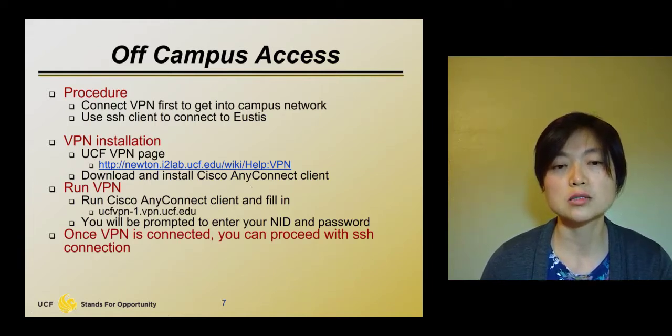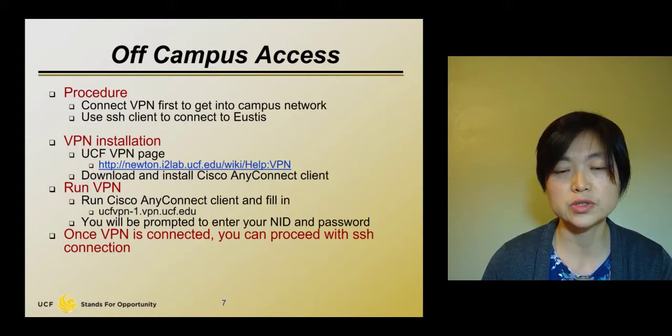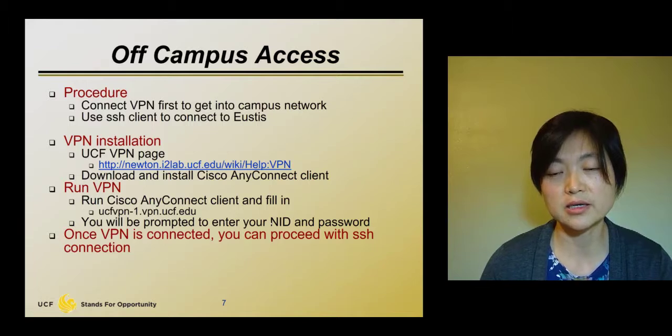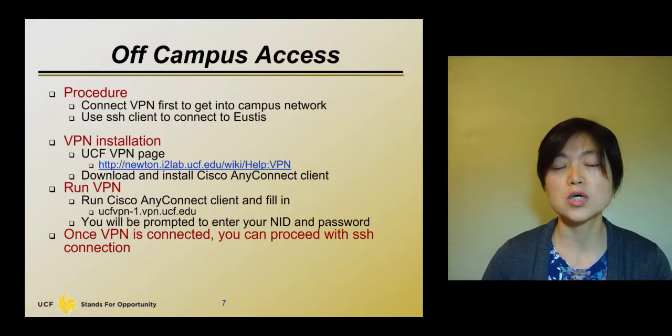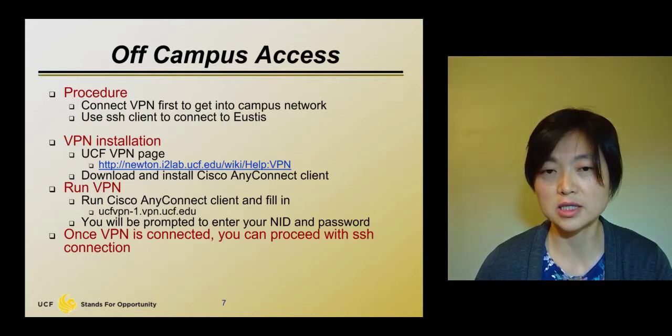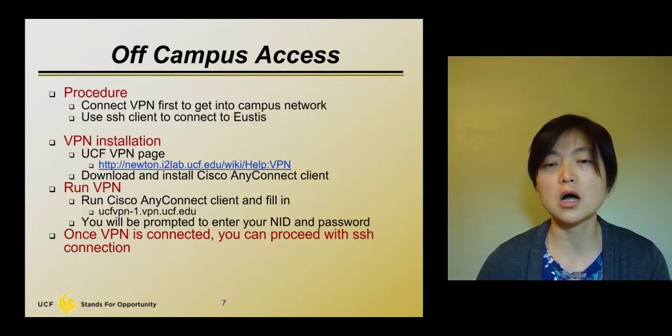If you run this client for the first time, you may need to enter this address. After you connect to here, you will need to again enter your NID and NID password. Once the VPN is connected, you're on the campus network already.